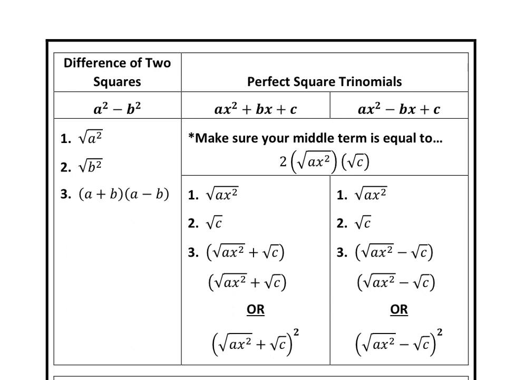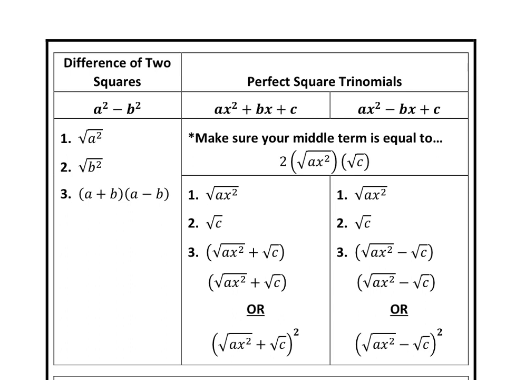On this page, we have the summary of the difference of squares, which is what we did. We square root the first and the last and check to see if there's subtraction, and then we use this as our formula.